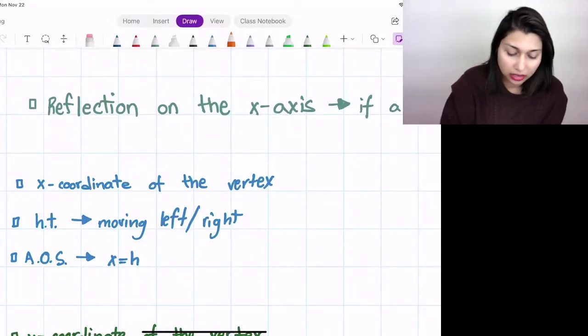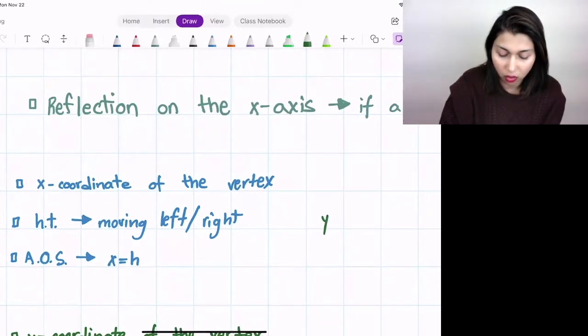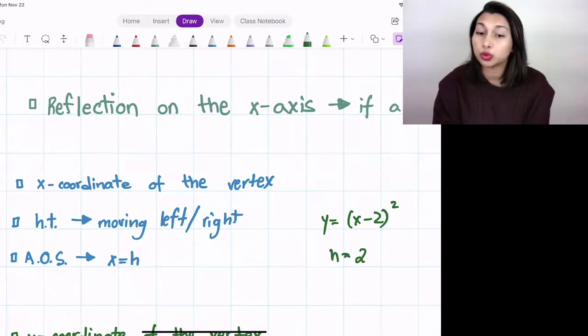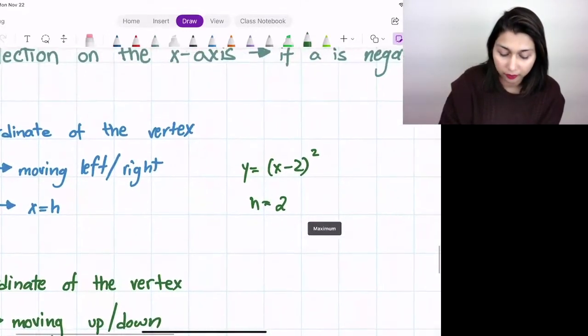If we had an equation that looked like y equals (x minus 2) squared, our h value is actually positive 2, meaning that it will move 2 units to the right.